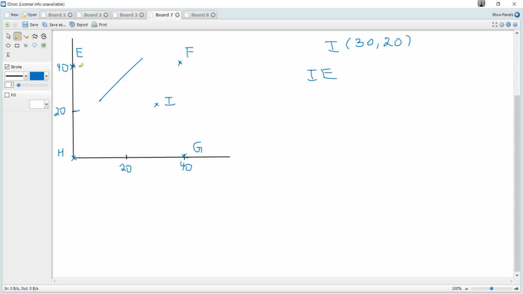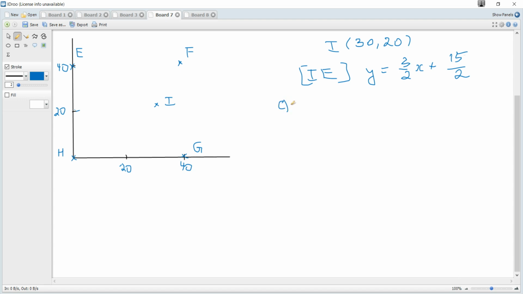It's a line which is perpendicular to EI and passes through the midpoint between E and I. And y is 3/2 x plus 15/2.